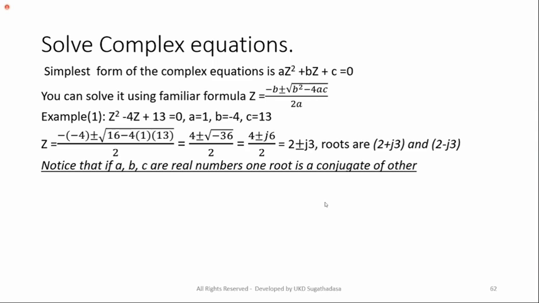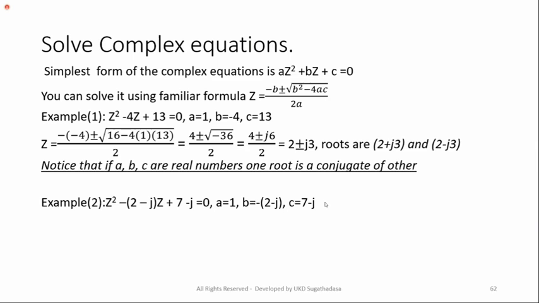Let us take some cases when a, b, c are not real numbers. See this example. Everybody, draw your attention to the lesson, because this is important and we have never discussed this one earlier. Z squared minus (2 minus j) z plus (7 minus j).